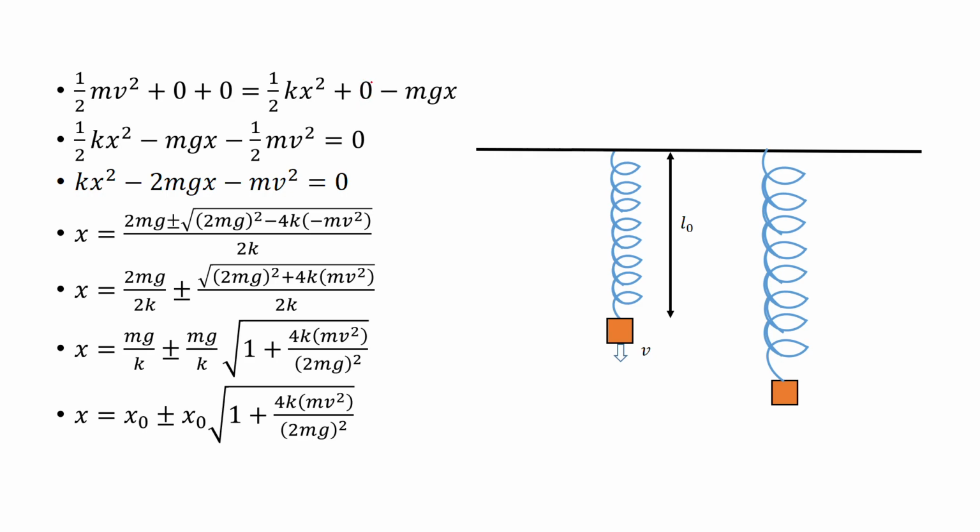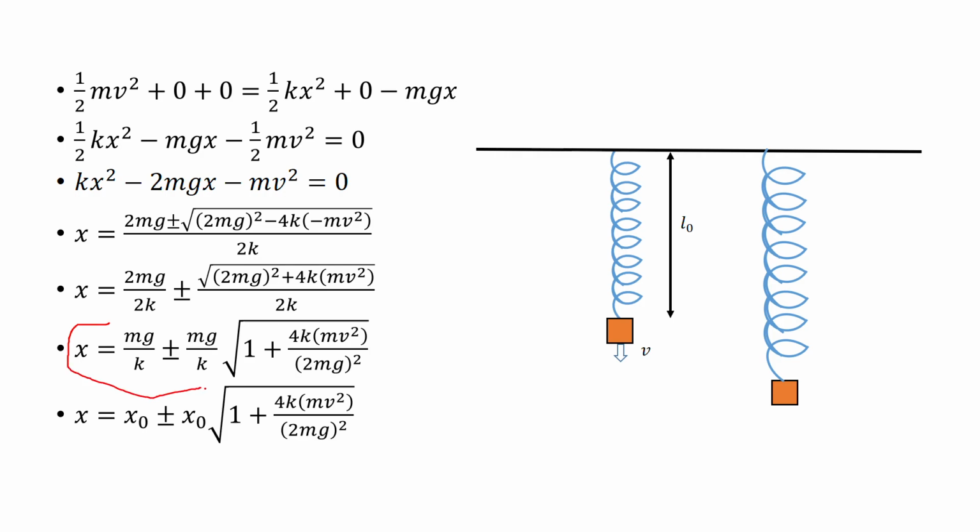Potential energy is half kx square and gravitational potential energy is minus mgx. Now when we equate and solve it, we get x equals 2 mg plus minus root under 2 mg whole square minus 4k times minus mv square, divided by 2k, and after simplifying we get this equation.